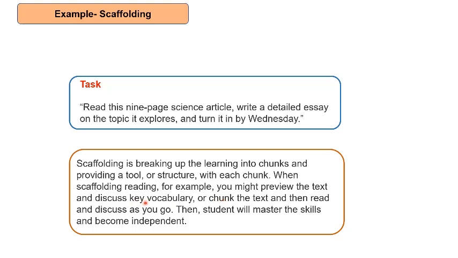They highlight the key vocabulary, they understand it, and then in the next session they continue reading and discussing, until they understand and master the skills and become independent in reading any science articles in the future.